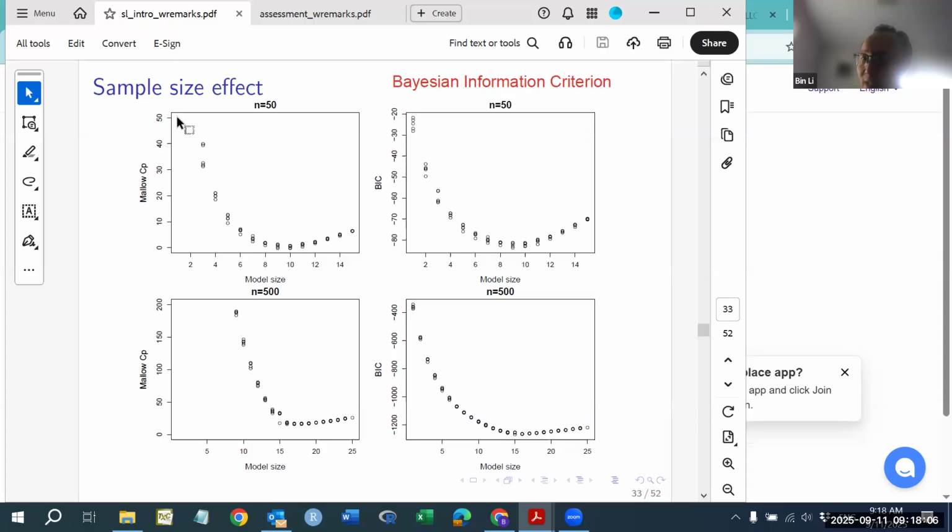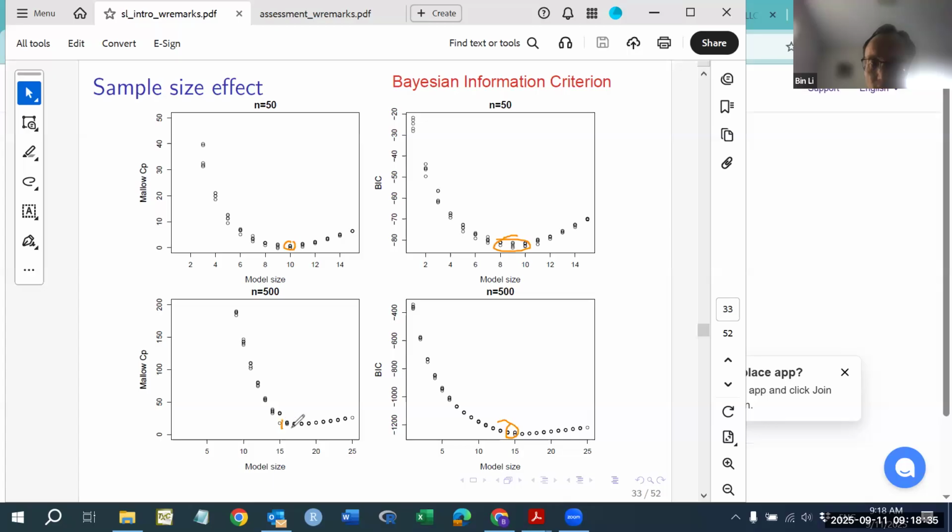We can choose R squared, but here I'm using Mallows Cp and BIC. BIC is the Bayesian information criterion. These are the two common criteria. Basically, the model that gives the smallest value for Mallows Cp or the smallest value for BIC is the best model.